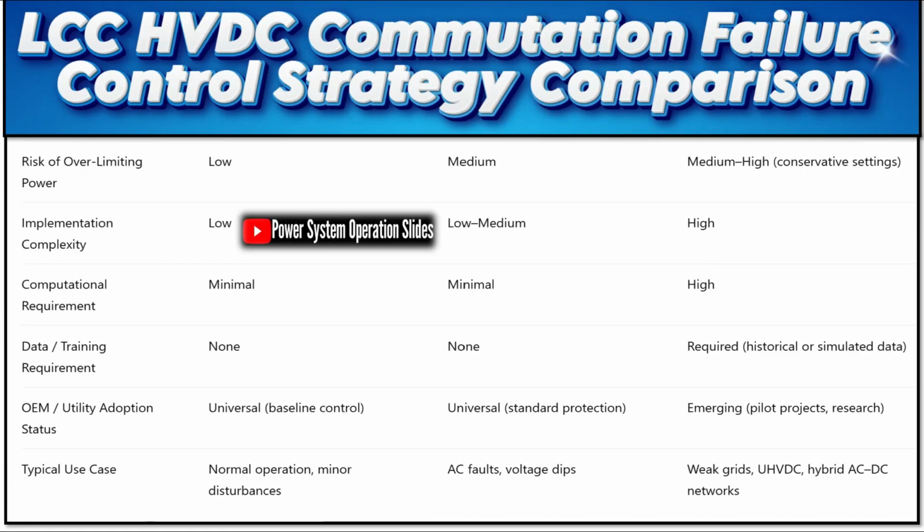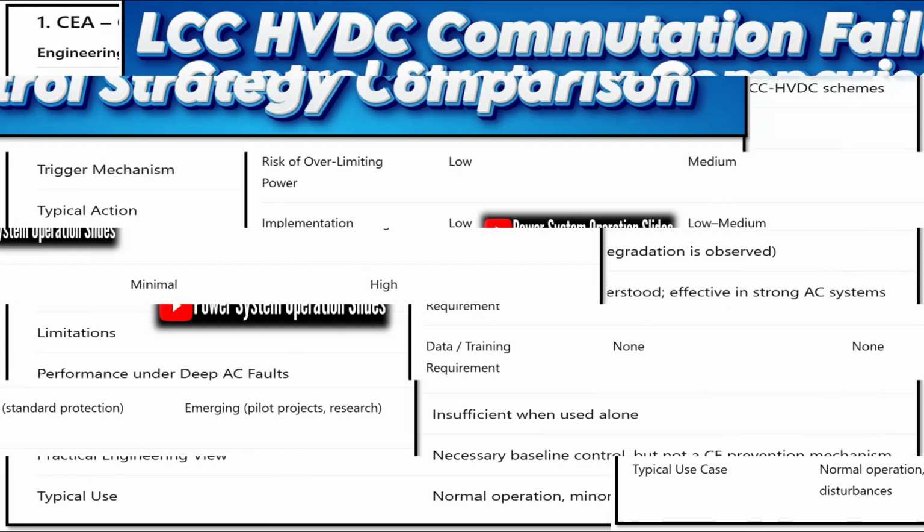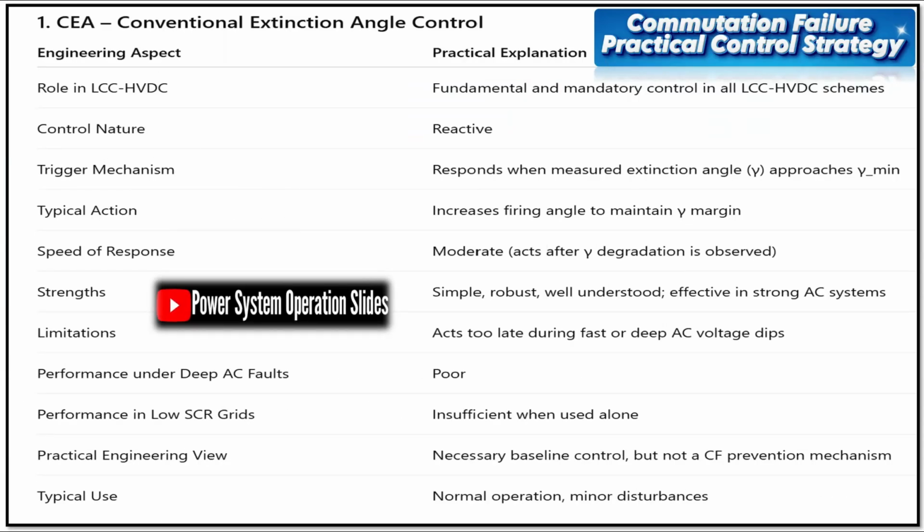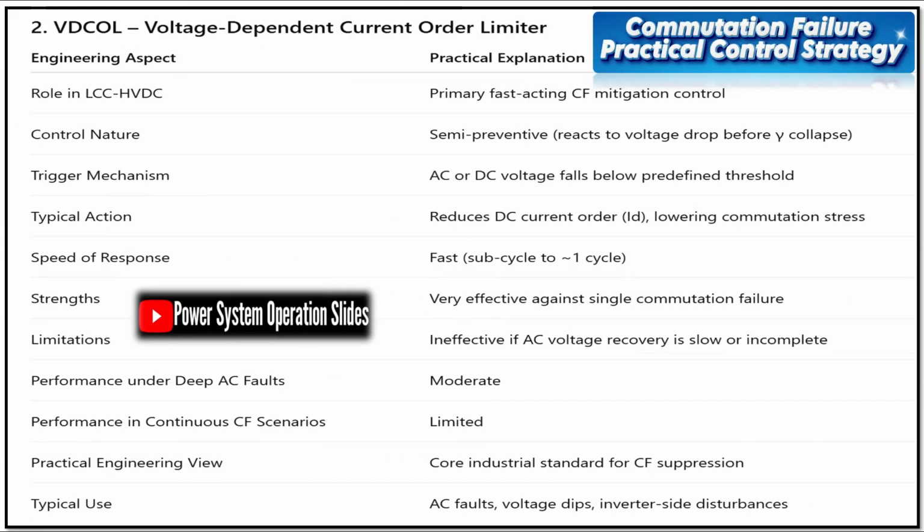Real-world examples and operator recommendations. Commutation failure events have been documented globally, particularly in regions with weak AC systems, high-power LCC HVDC links, and multi-in-feed environments. Well-documented CF events have occurred in India's multi-in-feed HVDC systems, China's UHVDC inverter stations, Nordic interconnections, and parts of Europe with weak receiving grids.